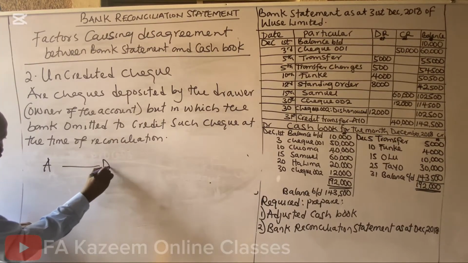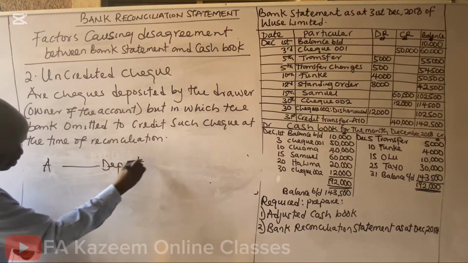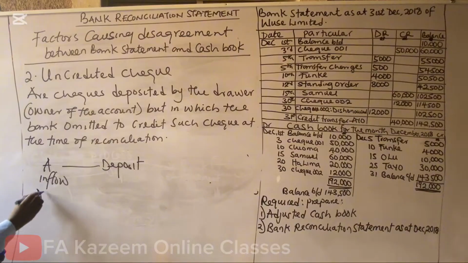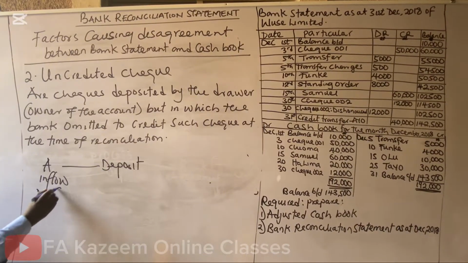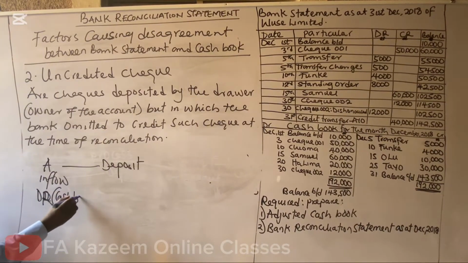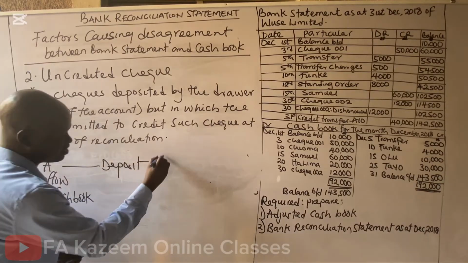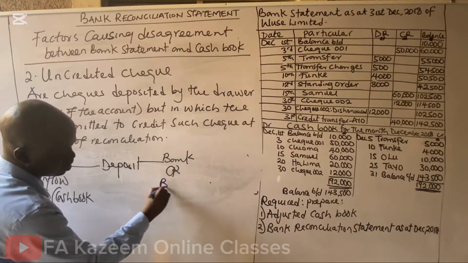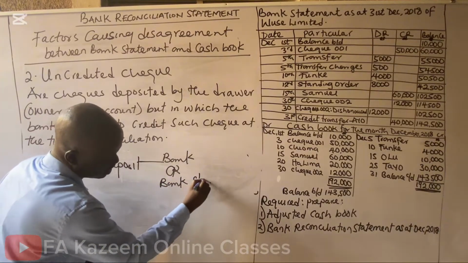If A makes a deposit, it is an inflow to A, who will debit it in his cash book, expecting the bank to credit it in their bank statement. That's how it happens.